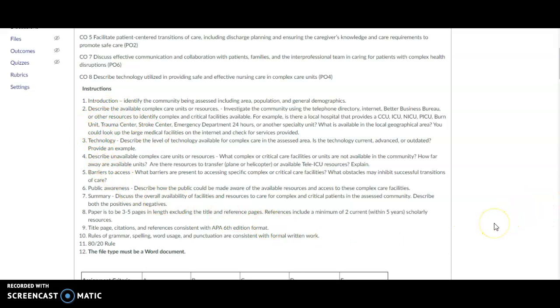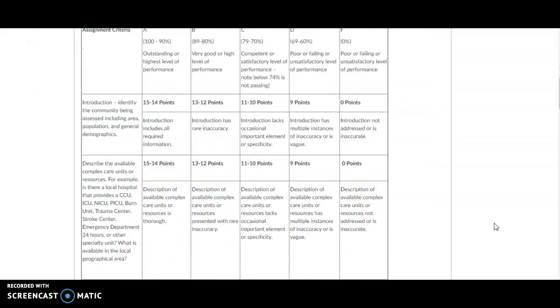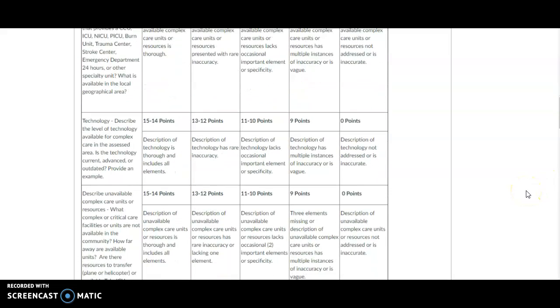And remember the 80-20 rules apply, so you don't want too many quotes. So again, looking at this rubric, you want to make sure that you are covering everything that's listed in this area here. Answer all those questions in each of your sections.